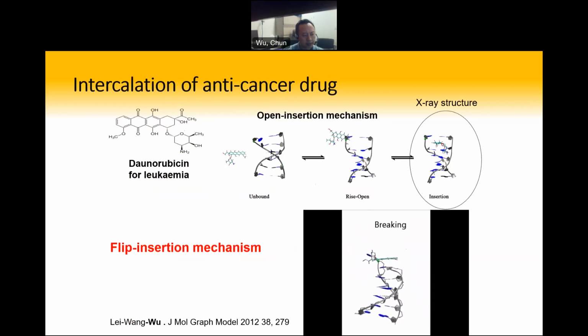Okay, it's a lot of induced fit kind of binding, just interaction. So now base pairing forms.